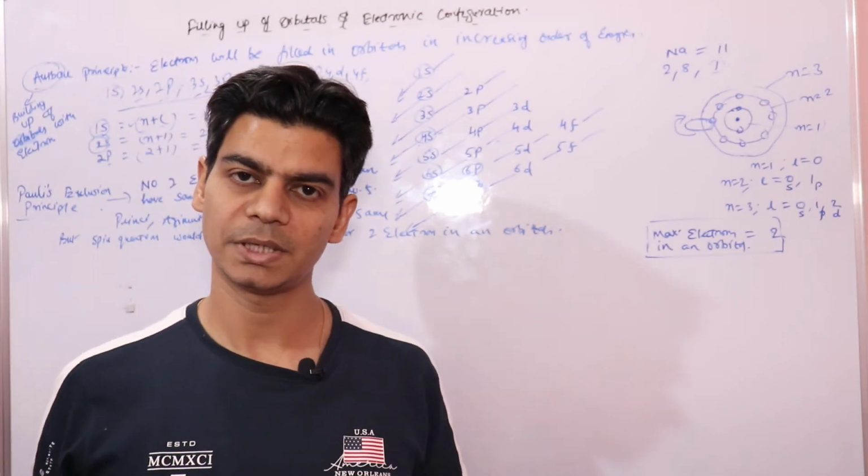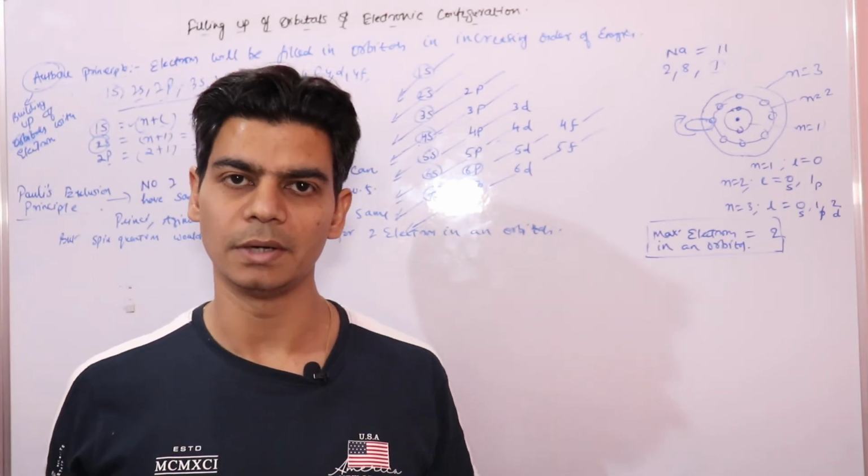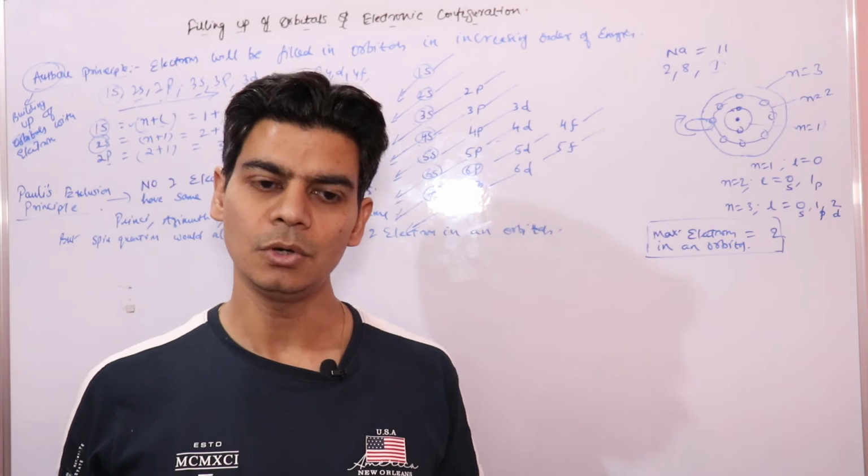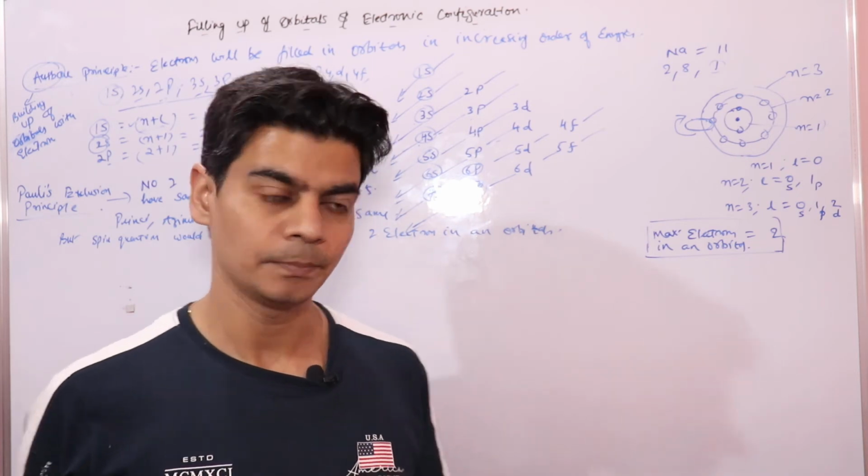As per Pauli's exclusion principle, the fourth quantum number is excluded from having the same value for the two electrons, right?